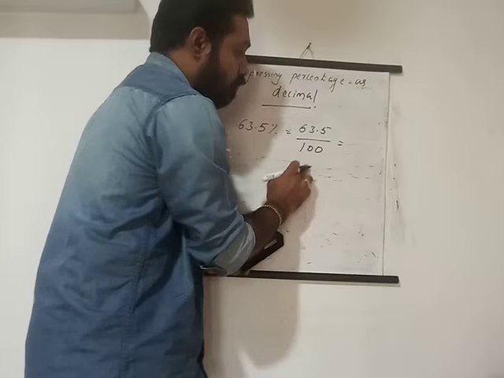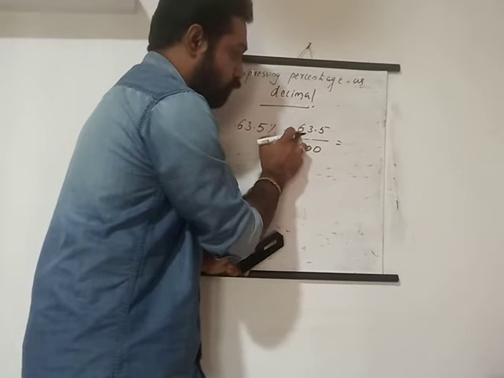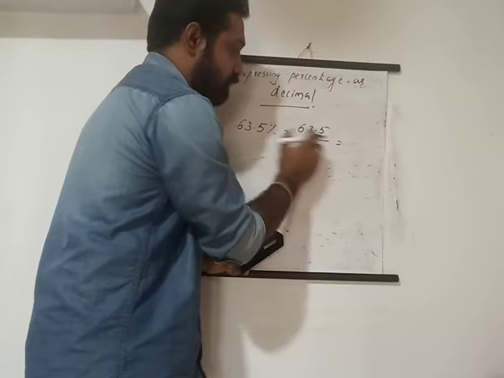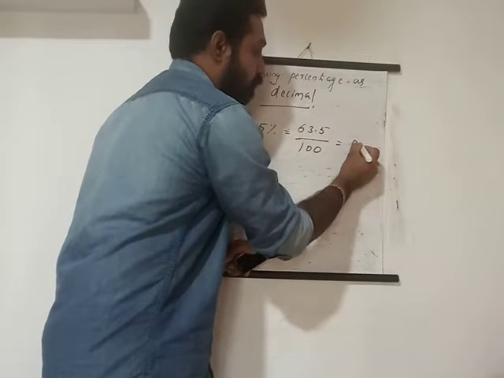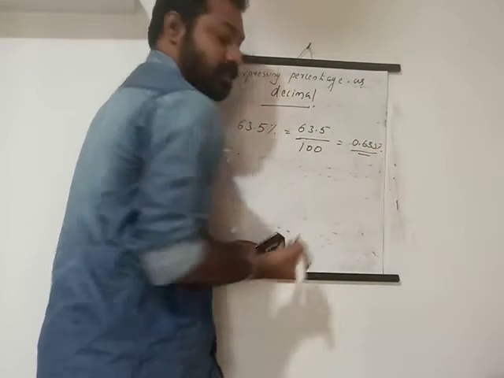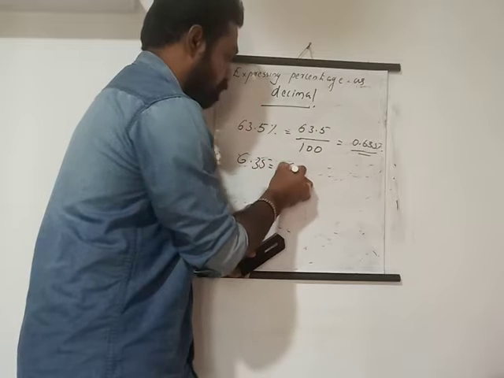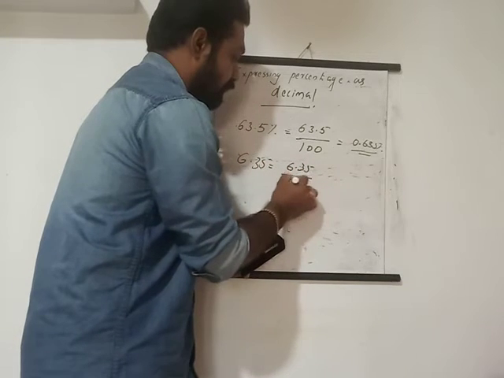The point shifts two places to the left, so what will you get? 0.635.